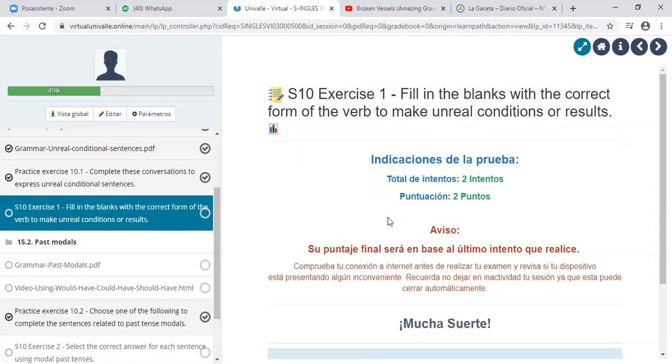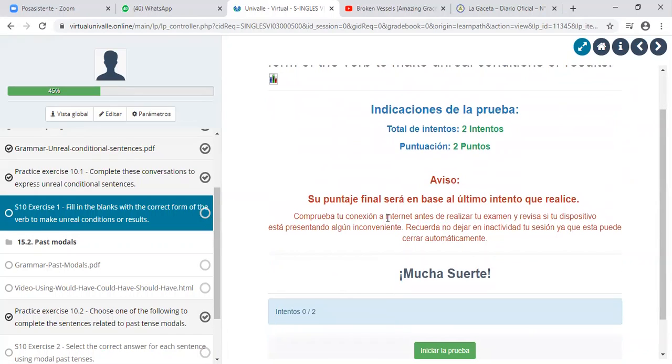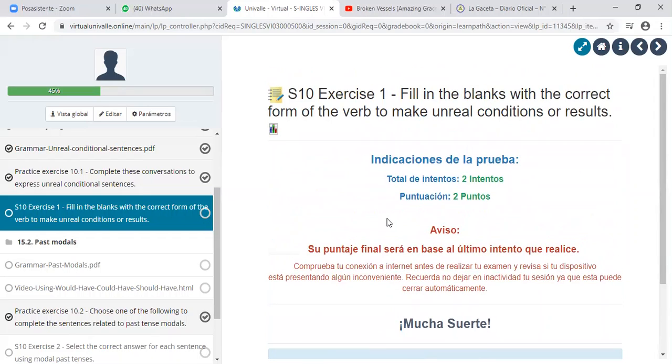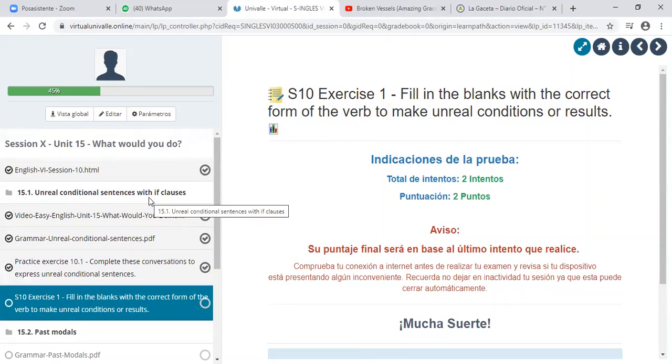And this exercise goes for 2 points. You're going to have two tries as well, and you need to do it by yourself because this is an evaluated exercise, okay? ¿Alguna pregunta hasta el momento con los condicionales irreales?